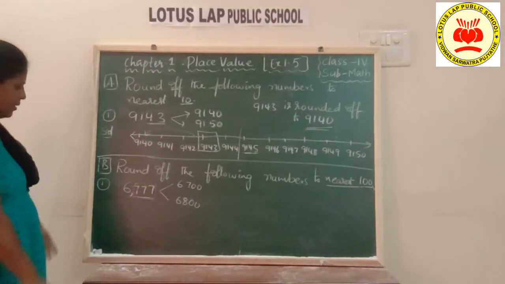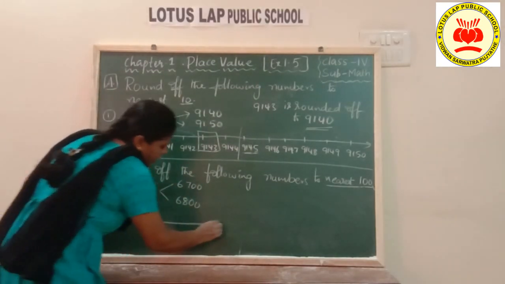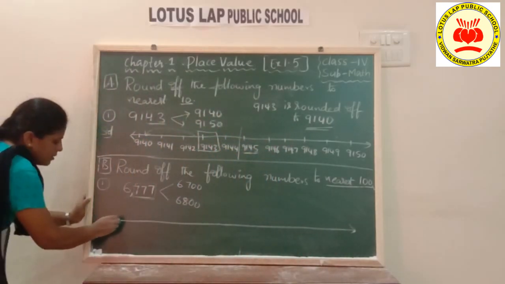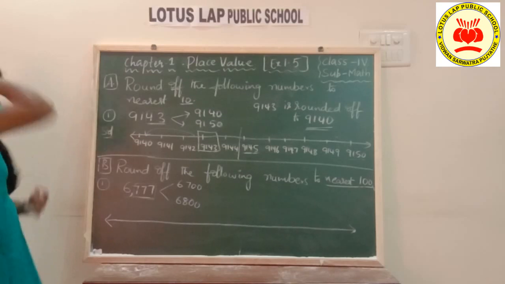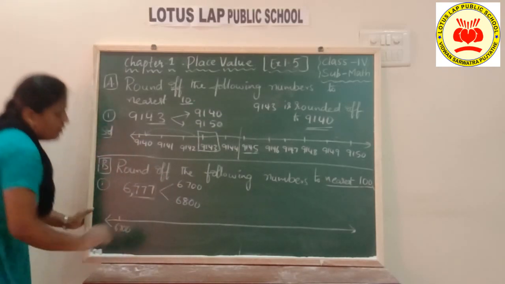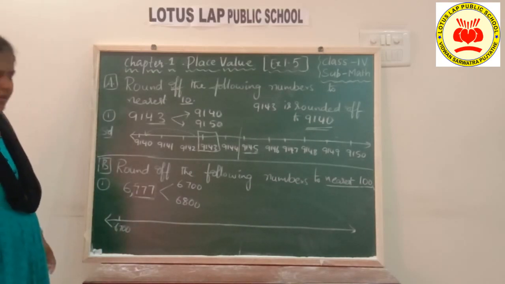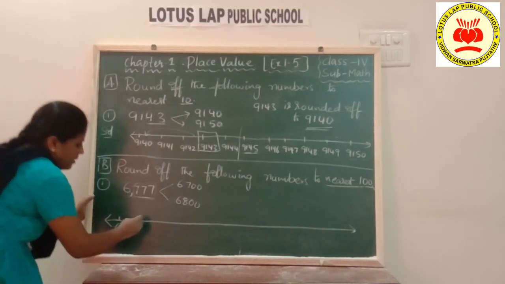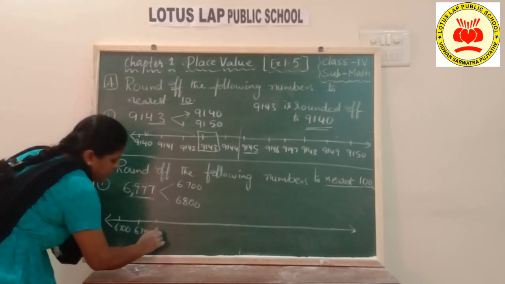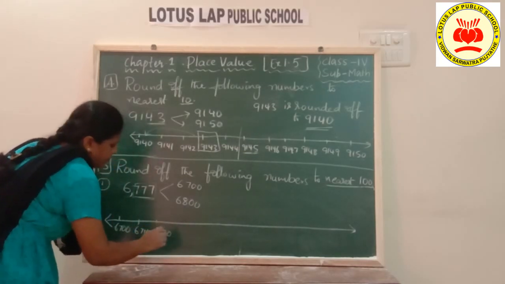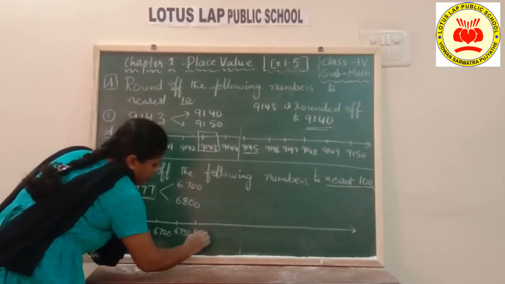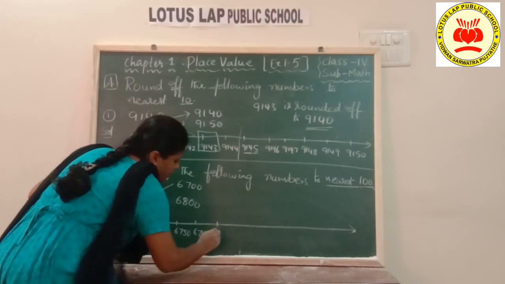Okay, children. Now let me draw the number line. Start with 6700. Now I can increase every number by 10, children. 710, 20, 30, 40, 50.